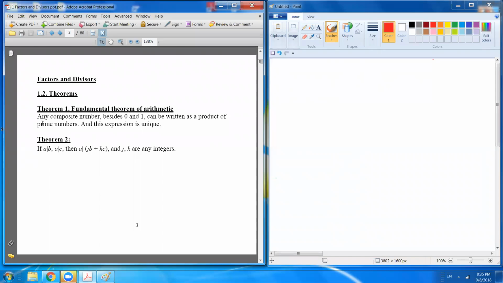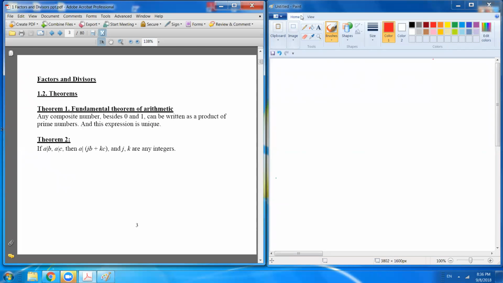Any composite number besides 0 and 1 can be written as a product of prime numbers. And this writing is unique. That means if you have a problem, you do not get two solutions. You get only one solution. That is good, right?